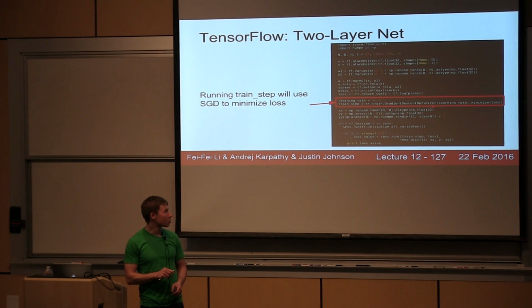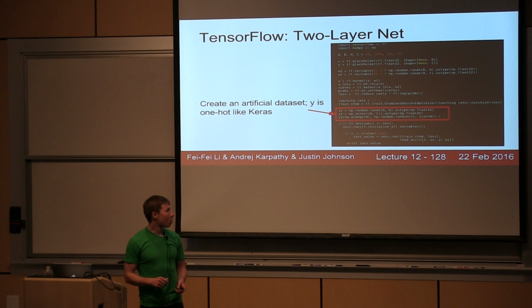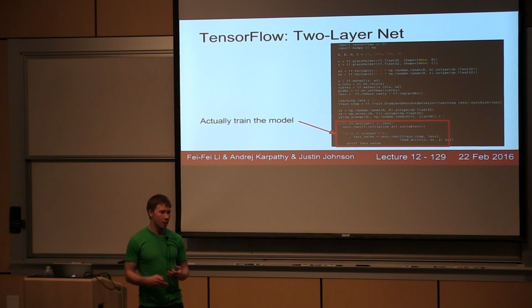But we're using this gradient descent optimizer, and we're telling it to minimize the loss. So here, we're not explicitly spitting out gradients, and we're not explicitly writing update rules. We're instead using this pre-built thing that just adds whatever it needs to into the graph in order to minimize that loss. And now, just like in Theano, we can instantiate actual NumPy arrays, some small data set, and then we can run in a loop.